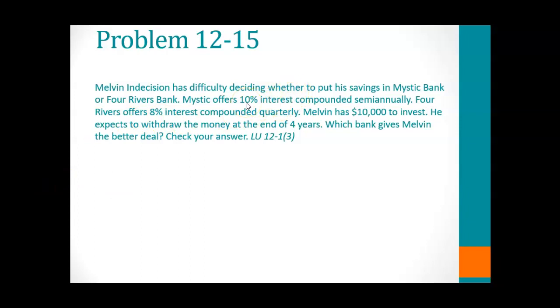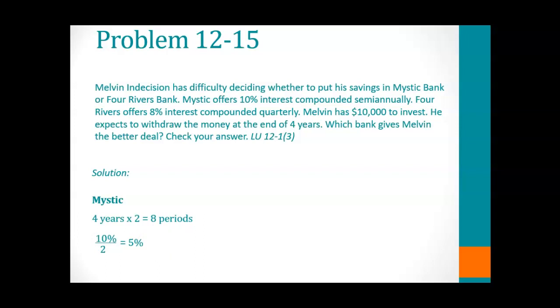It's a 10% interest rate compounded semi-annually. Okay? Well, we do the years first, or the number of periods. He's going to invest for 4 years, twice a year, 8 periods. 10% divided by 2, the rate is going to be 5% per period.